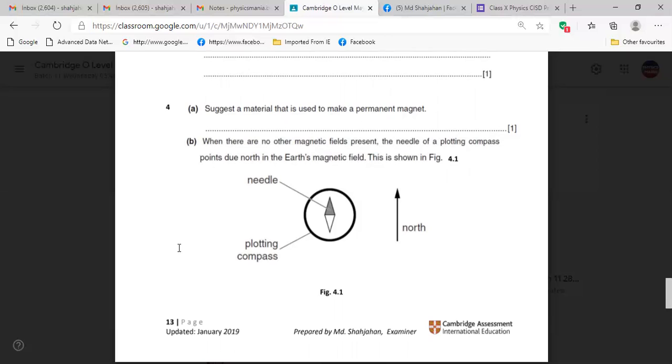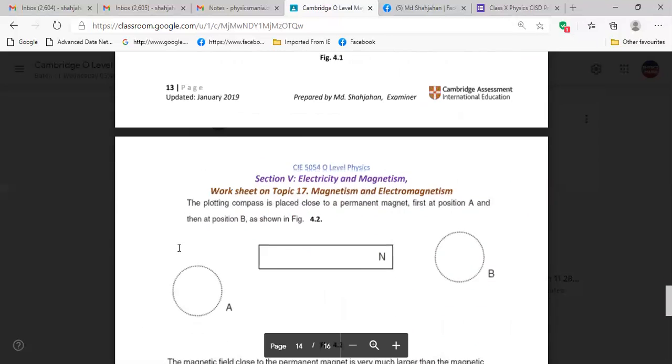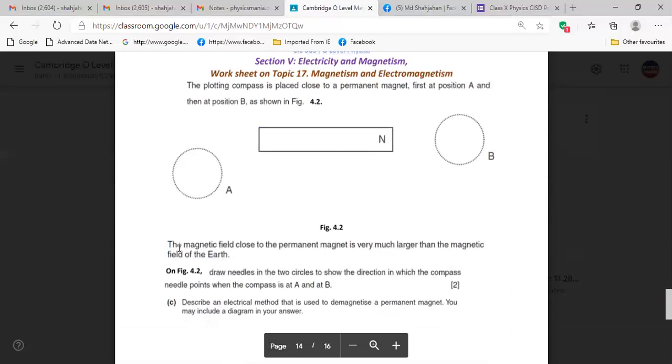When there are no magnetic fields present, the needle of the plotting compasses point due north in the earth's magnetic field. This is shown in figure 4.1. The plotting compass is placed close to a permanent magnet first at A and then at B as shown in figure 4.2.